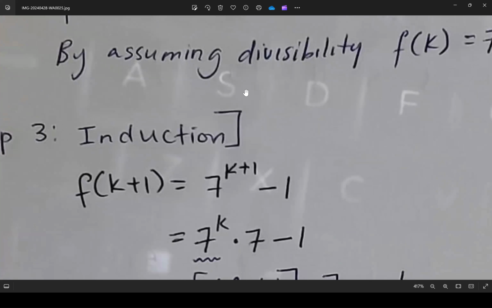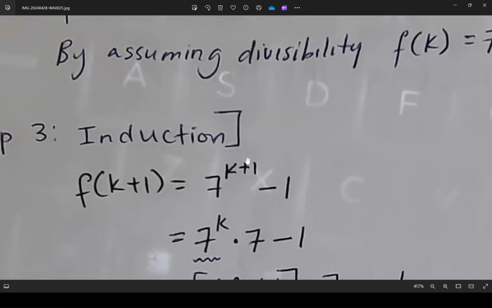If they said whole numbers, well, I don't think they've ever asked whole numbers specifically. It's usually natural numbers. But if they did ask for whole numbers, you should start with 0.